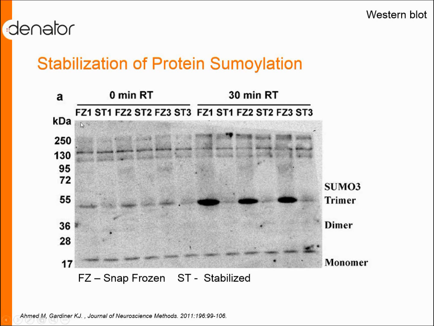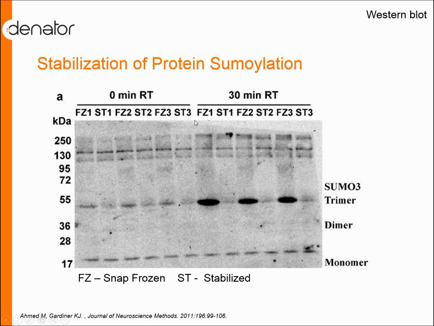This is the same example that we saw earlier, looking at the phosphorylations, where the setup was 0 and 30 minutes on the lab bench. F is the frozen samples, and ST are the stabilized samples. And we see already at the 0-minute time point a bit of difference between the snap frozen samples and the stabilized samples, with slightly higher levels of the trimer in the frozen samples.